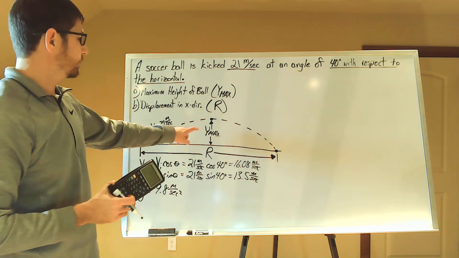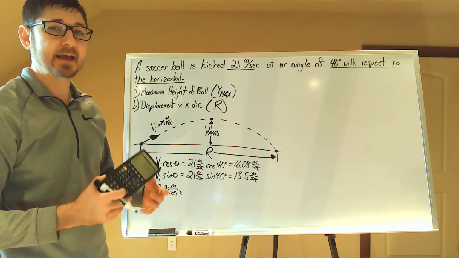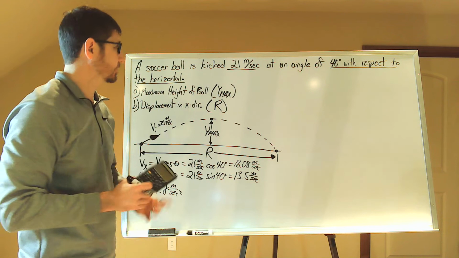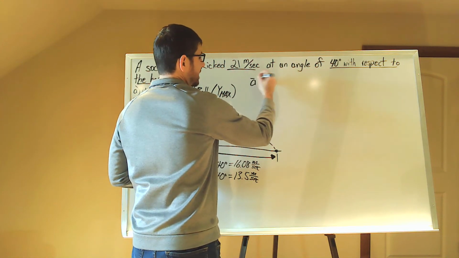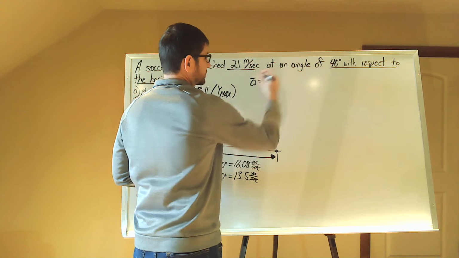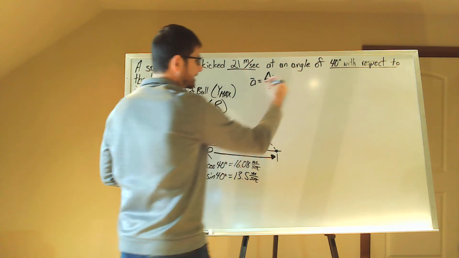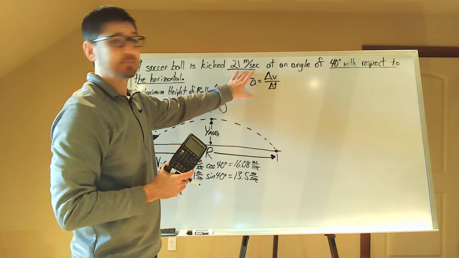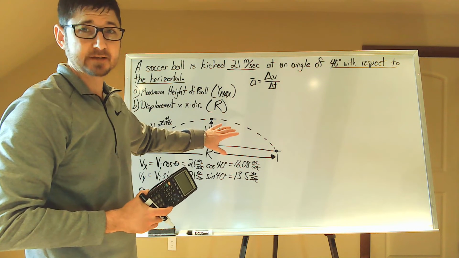Now, before we calculate the maximum height of the ball, we need to calculate the time to reach the maximum height. So what we're going to do is say that the acceleration of the object is equal to the change of velocity of the object divided by the time interval. Now we're going to take this base equation and adapt it to our situation for projectile motion.